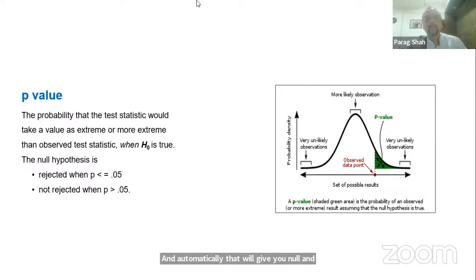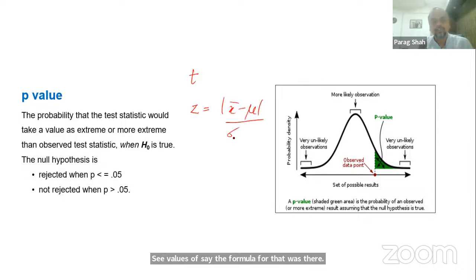Okay. Now, if you have done hypothesis testing before, if you recollect, we were actually calculating the values of, say, the formula for Z was there, modulus of x bar minus mu divided by sigma upon root n, or it was x bar minus mu divided by s upon root of n minus 1, and so on.